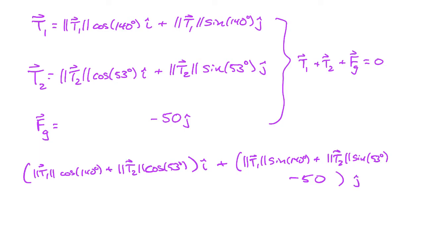And so adding these together gives us the 0 vector.